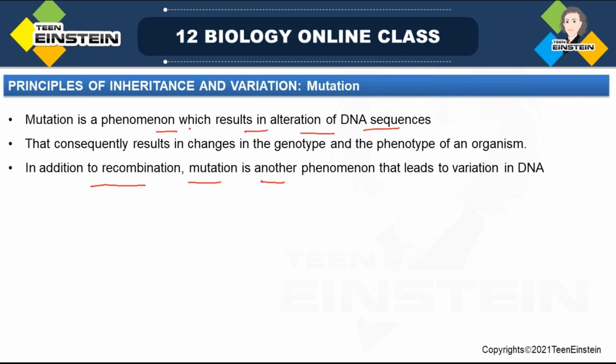So other than recombination, mutation is also present, and that leads to variation in DNA. The DNA sequence got altered, then the genotype and the phenotype change.